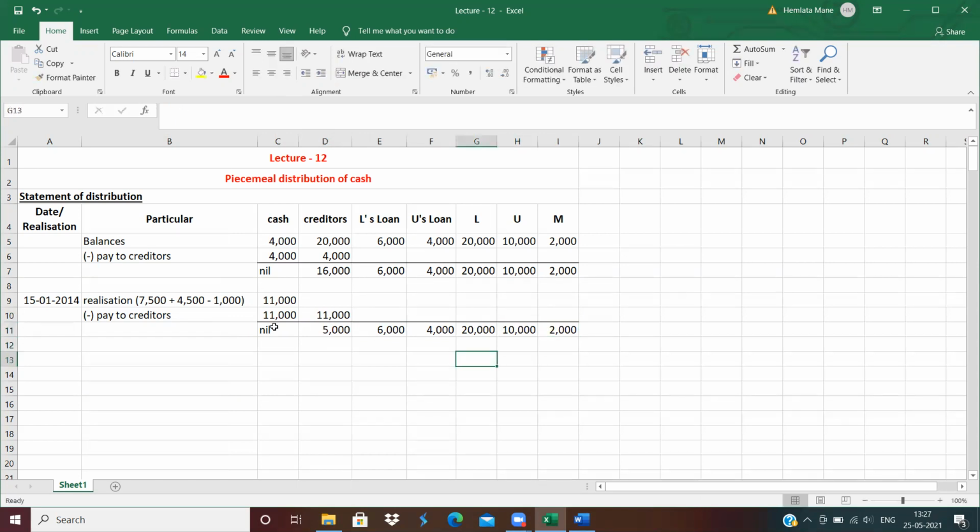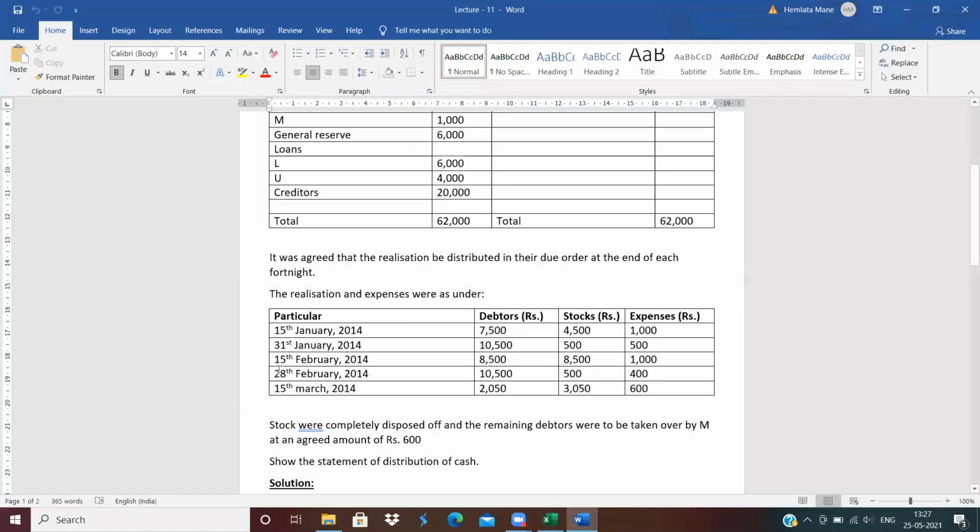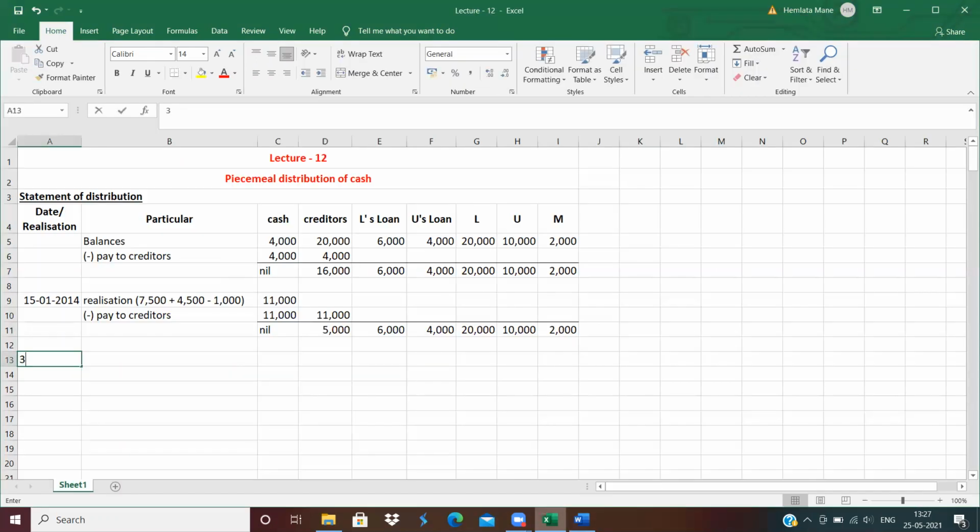Clear? Now next realization. See the date of the next realization, 31st January 2014. How to calculate the amount of realization? See here.